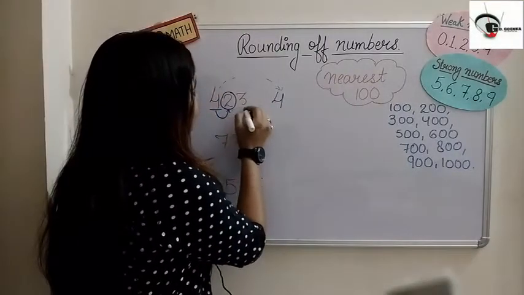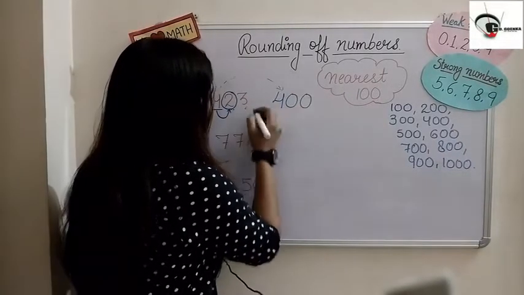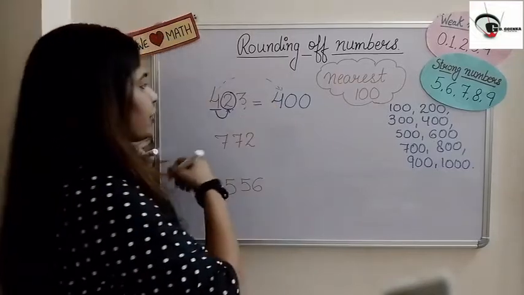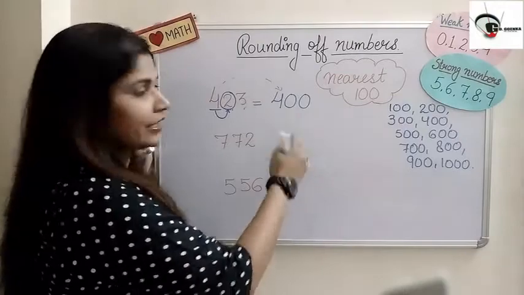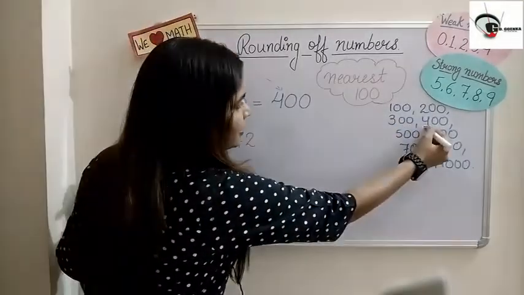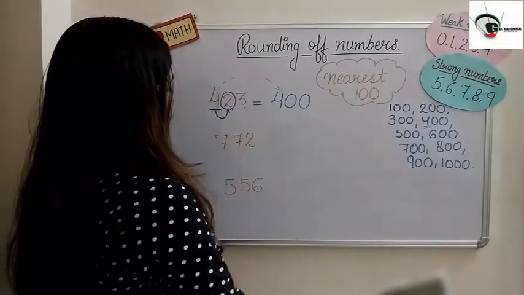That means these two digits will become 0 and 0. So if we round off the number 423, we get the answer 400. Yes, it's a multiple of 100. Let us move to the next number.